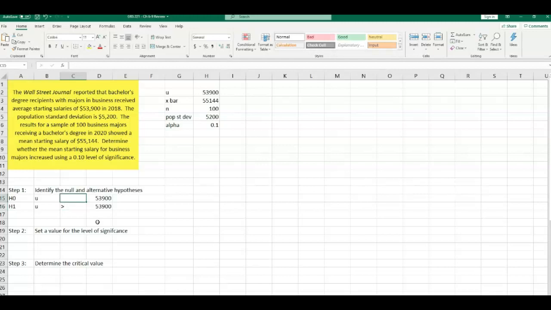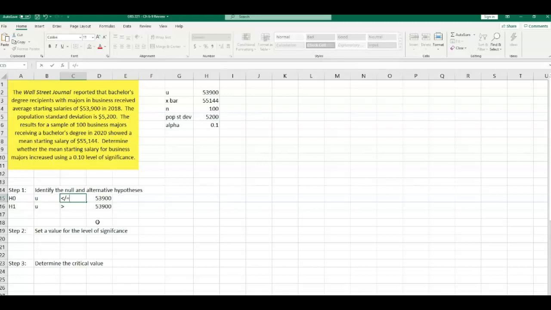So what about our null? Our null is just going to be the opposite. Now, the opposite of greater than is not just less than. It's less than or equal to. So make sure that your null hypothesis always has the equality in it.